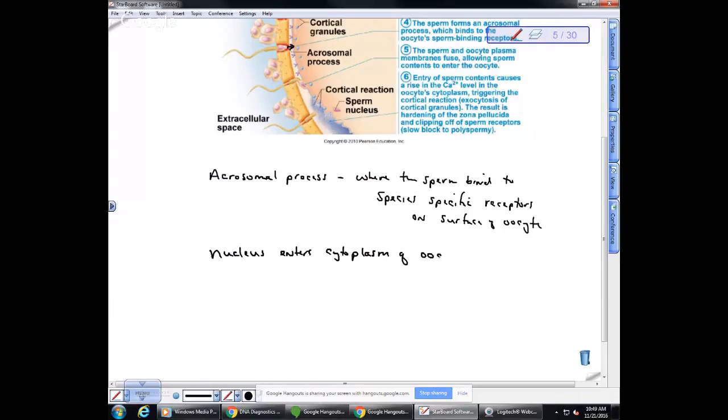of the oocyte, okay? And then remember that the egg is not quite ready to be fertilized. So the egg, or the oocyte, must complete meiosis II before the two nuclei can combine.